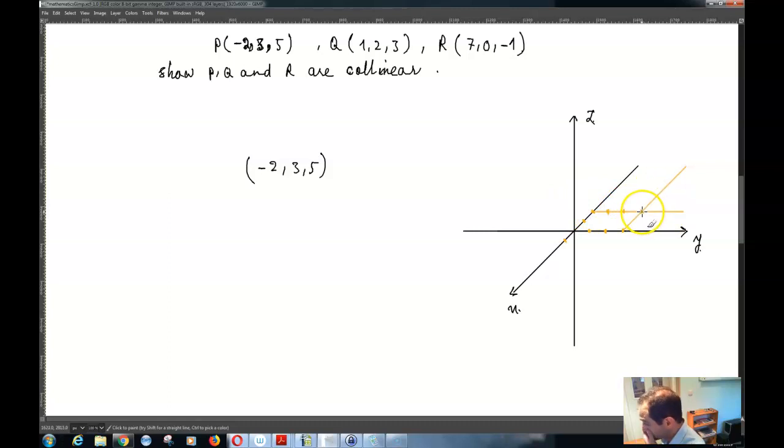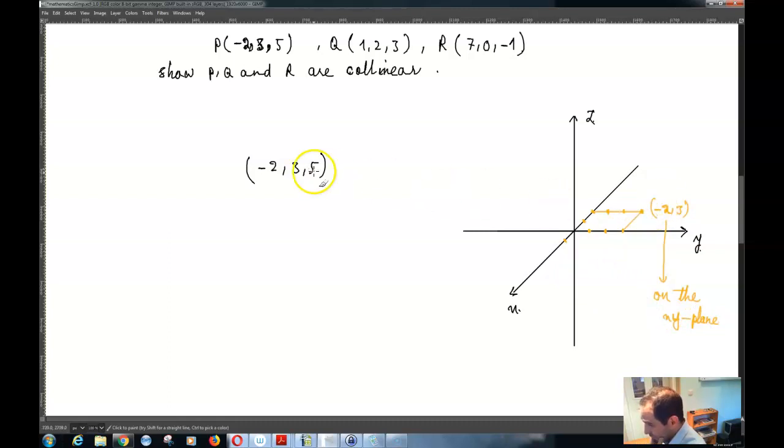So then this point over here becomes the coordinates of the point -2, 3 on the xy plane.